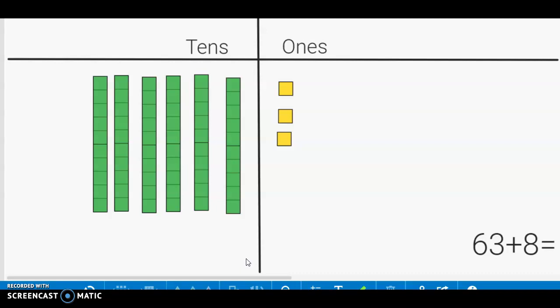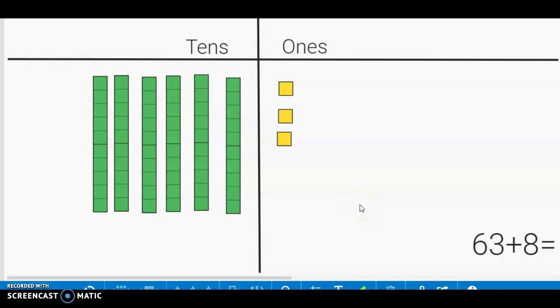And sometimes with addition problems, and we'll learn with subtraction as well, you have to regroup certain problems. So we're going to take a look at an example. On the board here on the screen, I have 63 plus 8. And with my tens and ones blocks here, I have 6 tens and 3 ones, and that equals 63.